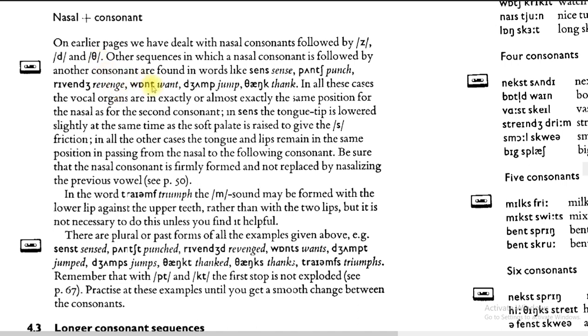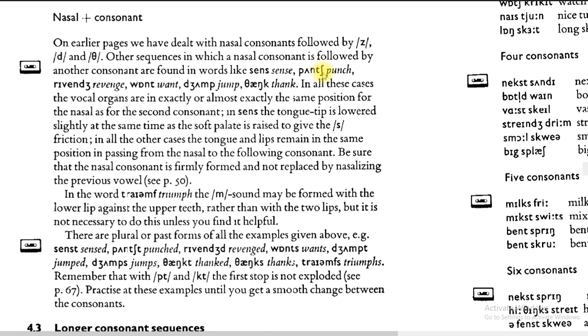There are other cases, let us jump to the examples. We have a nasal consonant n or m, followed by these sounds. Punch. So here we have n sound followed by ch sound. Here we have 2 consonant sequences. Don't consider them 3.